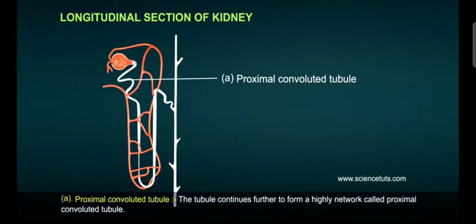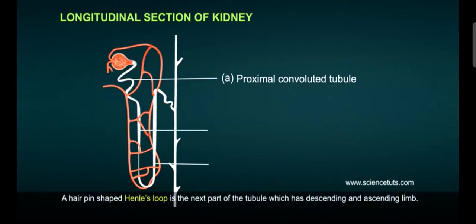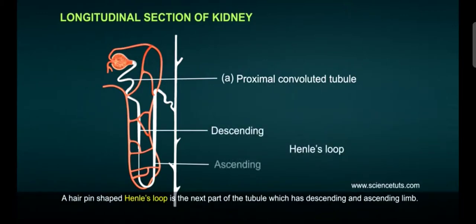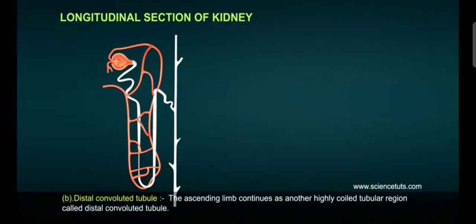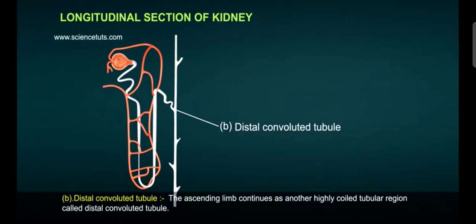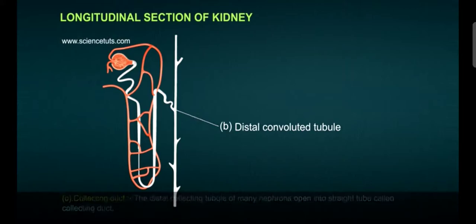The tubule continues further to form a highly coiled network called proximal convoluted tubule. A hairpin-shaped Henle's loop is the next part of the tubule, which has descending and ascending limb. B. Distal convoluted tubule. The ascending limb continues as another highly coiled tubular region called distal convoluted tubule.